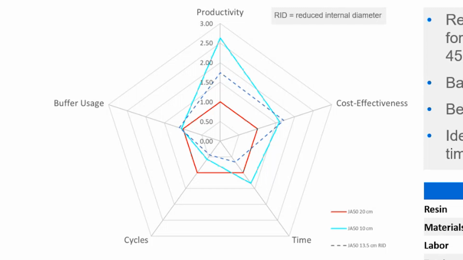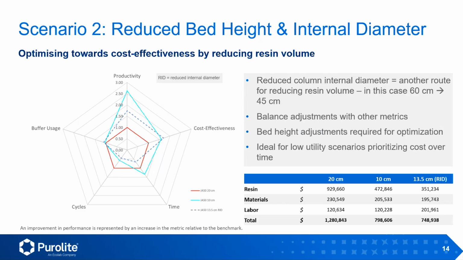So you'd be having more cycles and you'd be having a longer processing time as that sort of strategy is implemented. So there very much needs to be a balance between what's desirable from the metric that you optimize towards, as well as what's feasible in your facility and your lab.